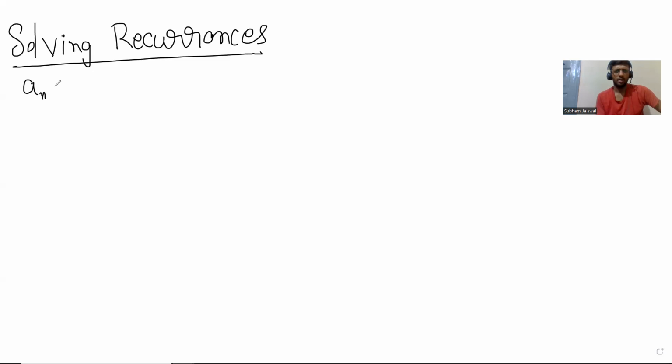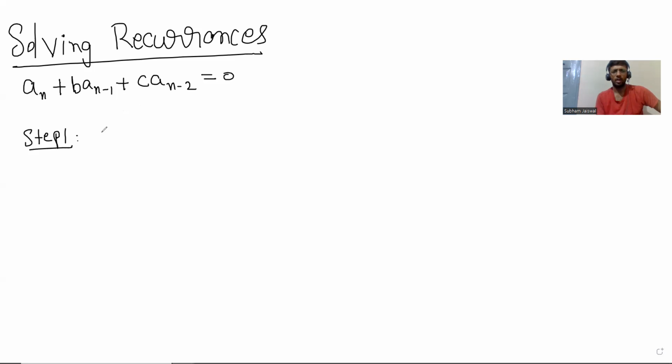If you have a recurrence like this, where you have a_n and it is connected with the previous terms in, let's say, this manner. Then what is step 1?